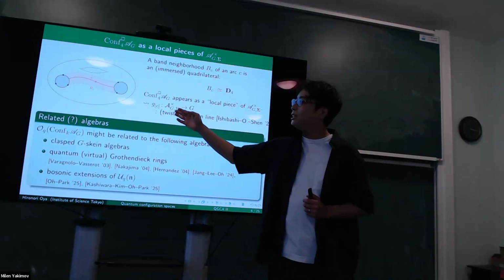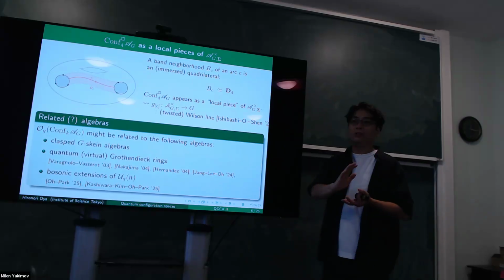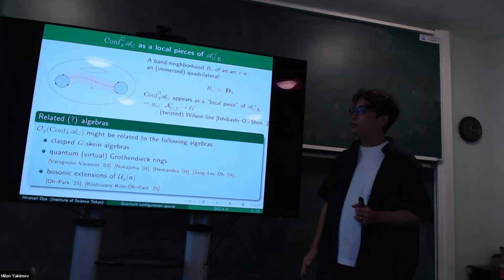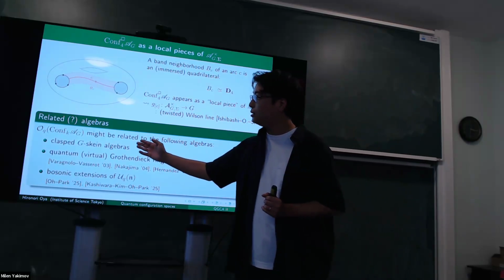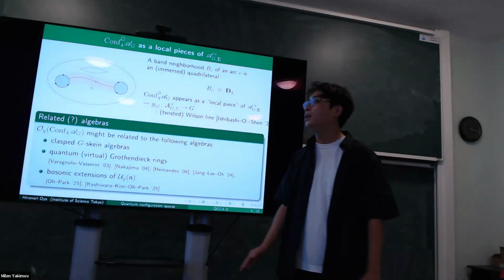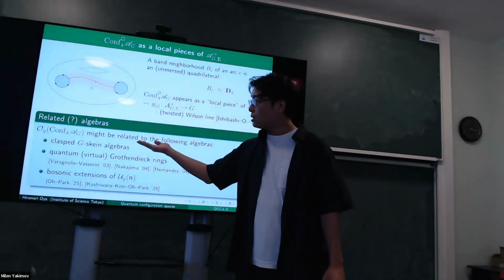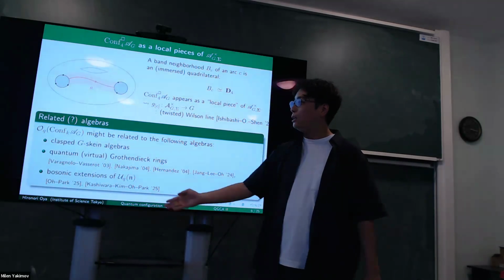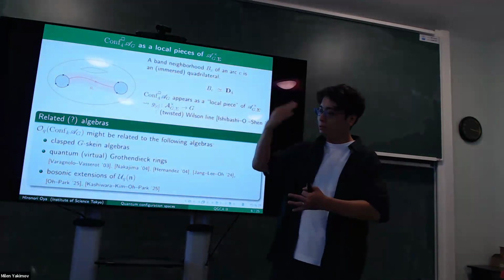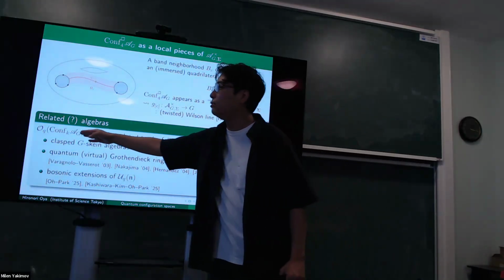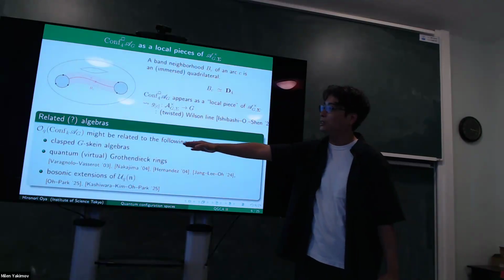So the quantization of this space should be related to some type of skein algebra. And in this situation, the cluster skein algebra for polygon should be isomorphic to... so I worked on this.